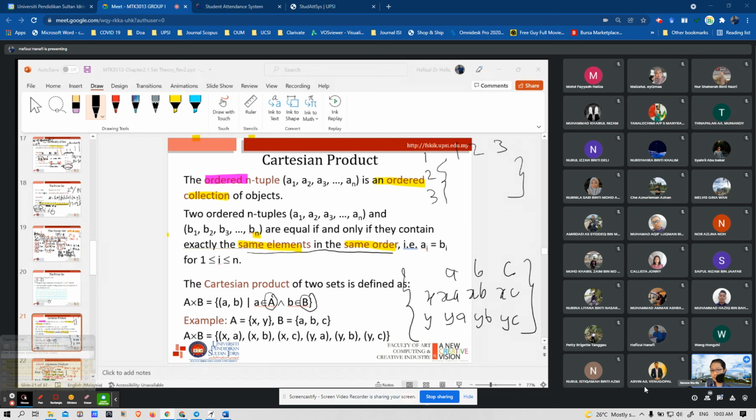In mathematics, specifically in set theory, the Cartesian product of two sets A and B, denoted A multiplied by B, is the set of all ordered pairs (a, b) where a is in A and b is in B. In terms of set builder notation, we can display it like this: A multiplied by B, where (a, b), a is an element of set A, and b is an element of set B.